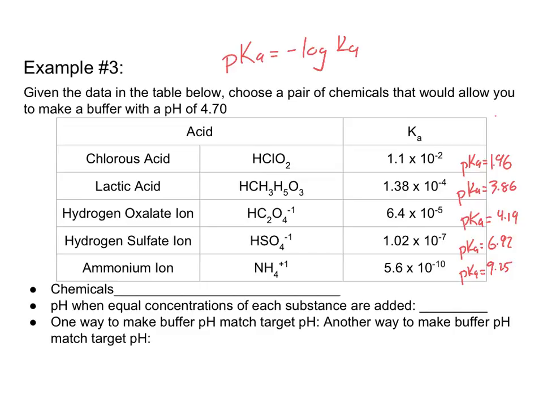So if we just said that the pKa should be within plus or minus 1 pH unit, which one of these would appear to be the best one? The hydrogen oxalate. So we would use something like the hydrogen oxalate ion, HC2O4 minus 1, with maybe H2C2O4, perhaps?